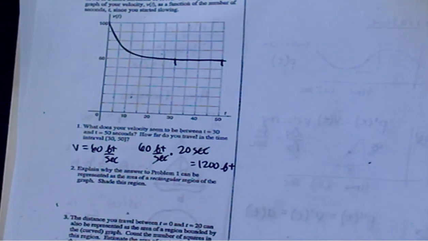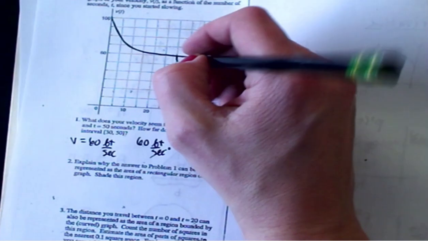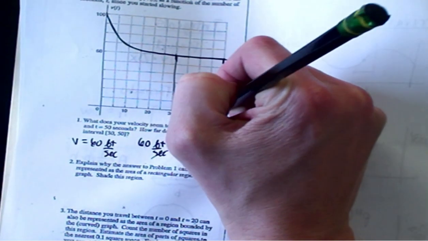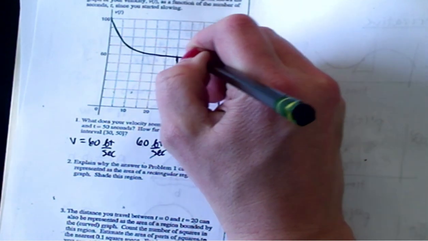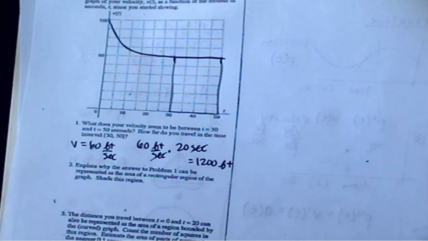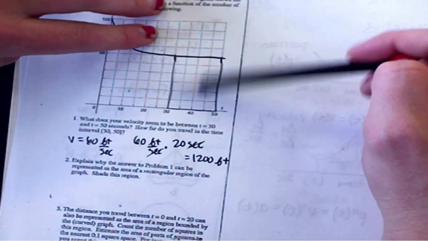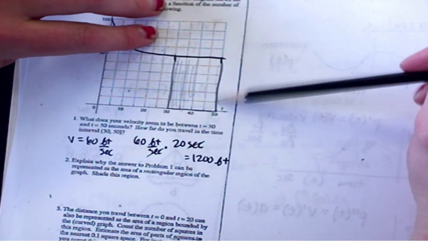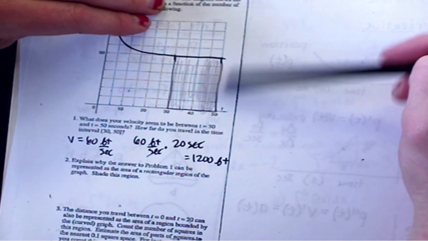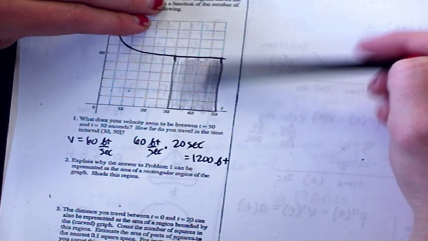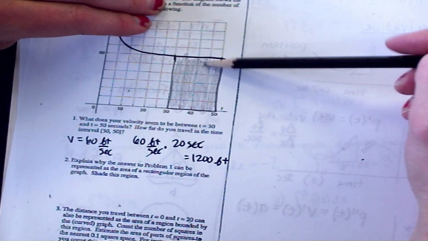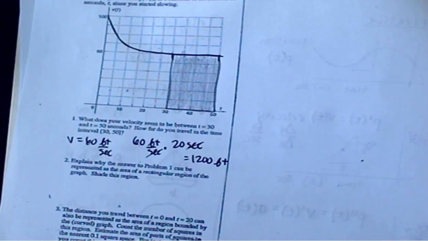And then it says, explain why the answer to problem 1 can be represented by the rectangular region. Okay, so I'm going to shade said rectangular region. Seems to make a rectangle. Okay, how does that work?